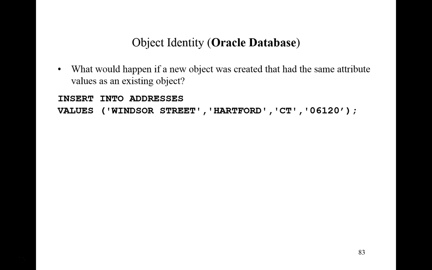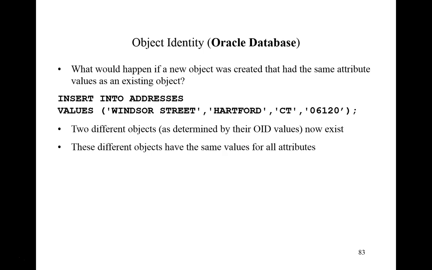This matches the same values for an already existing object in the addresses table. What happens is two different objects now exist. We can distinguish between them based upon the object identifier values, not the object attribute values. These different objects have the same values for all attributes.